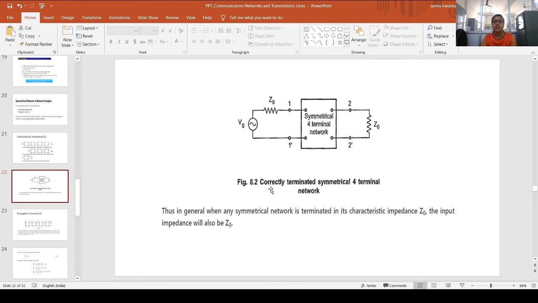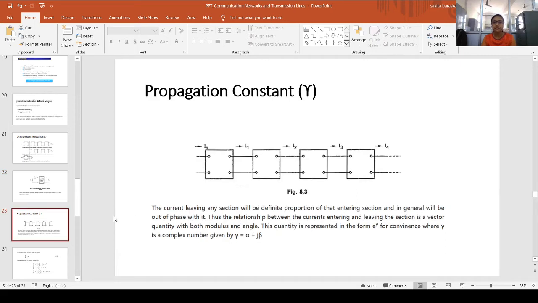This is called the correctly terminated symmetrical four terminal network. In general, when any symmetrical network is terminated in its characteristic impedance Z0, the input impedance will also be equal to Z0.